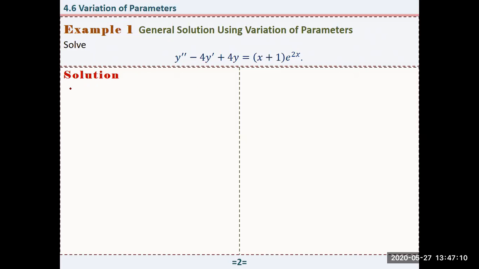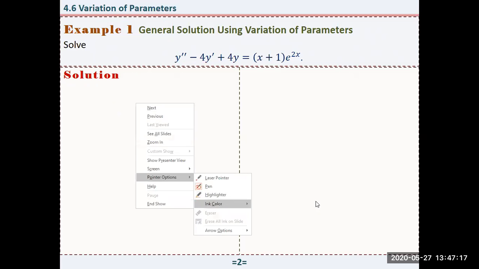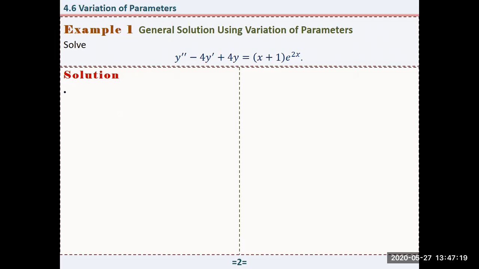So in the first step, let me change my marker color. Okay. First, we need to solve the associated homogeneous equation, right? Here, let me just write y double prime minus 4y prime plus 4y is equal to 0.